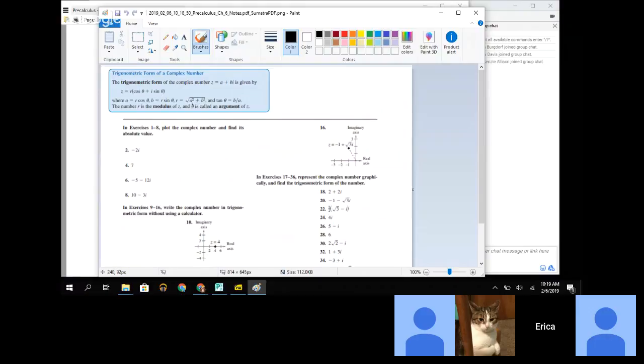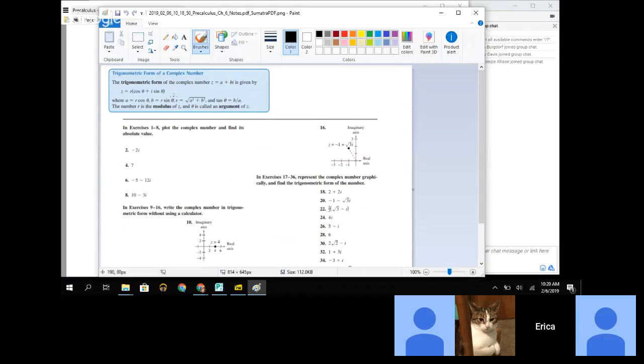Well, if you look at r here, r is basically what we were doing before, where we were finding the absolute value of a complex number. But when we're calling it the trig form, r is going to be our modulus of z. Okay?